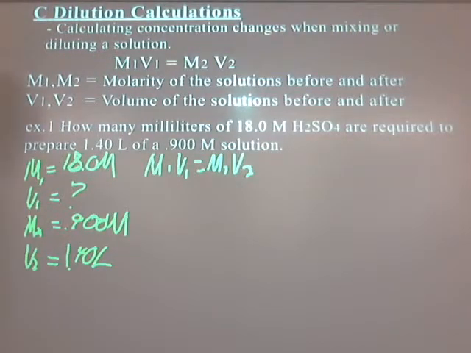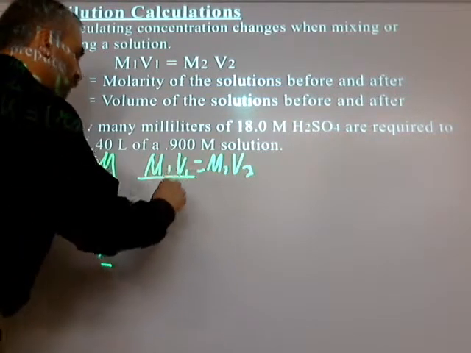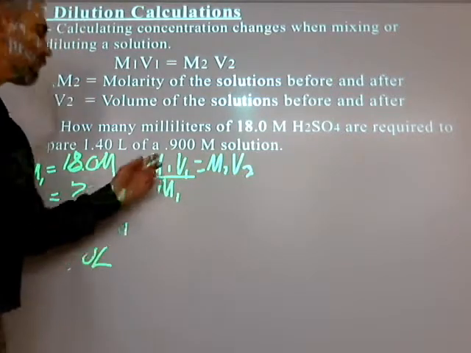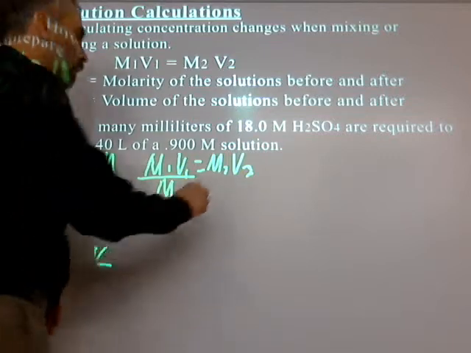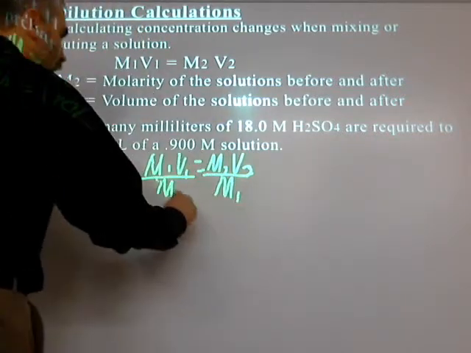I got a wrong answer on this, believe it or not, at this point in the year. What will I do to both sides? Divide by what? M1, because I'm looking for V1. People just tend to figure the first thing written is what they're always looking for, you know? It's not always.